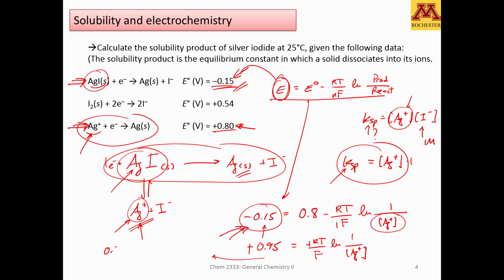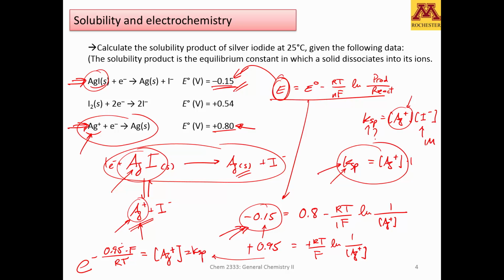So 0.95 times F over RT, and what I can do is flip, putting a negative 1 in here, and this negative 1 would go back here. So make sure you know your properties of logarithms. This will give you the concentration of silver, which at the same time, using this equation, is equal to the KSP.